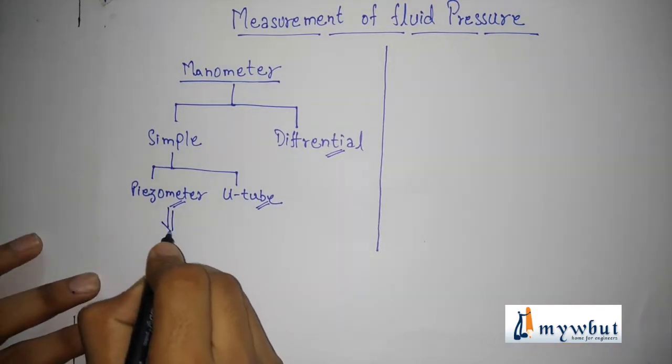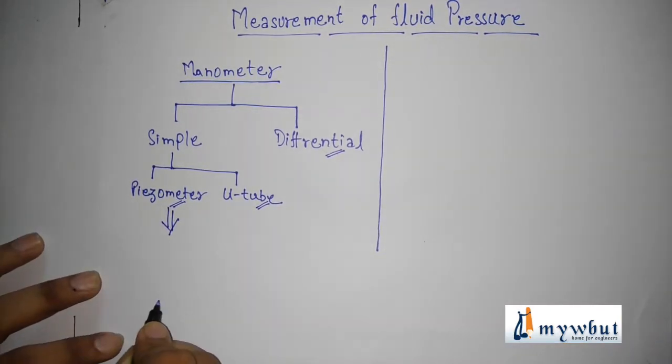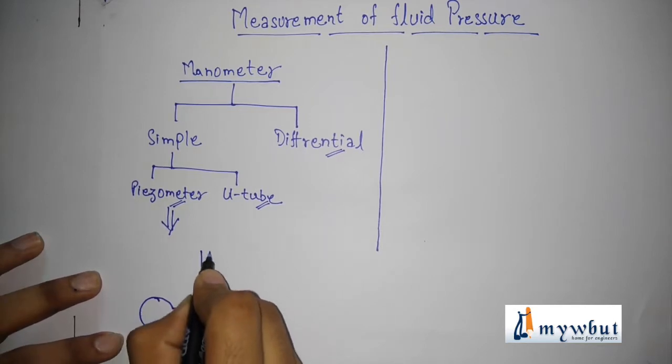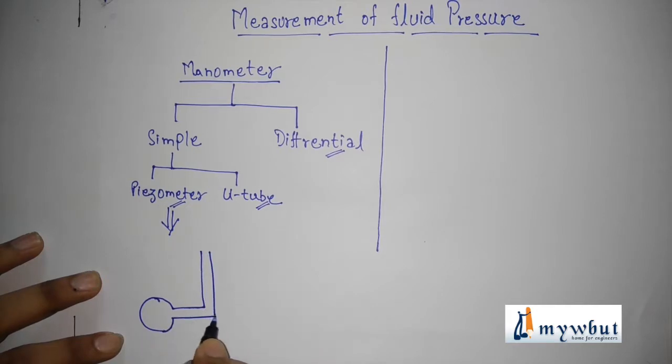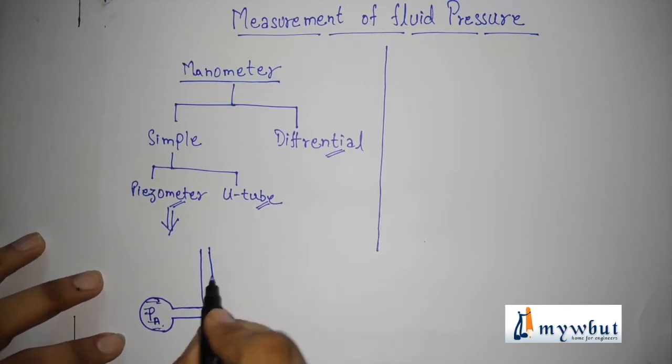First is piezometer. The schematic diagram of piezometer will look like this. Suppose the pressure of the fluid kept here be PA and the pressure of the fluid here needs to be measured.